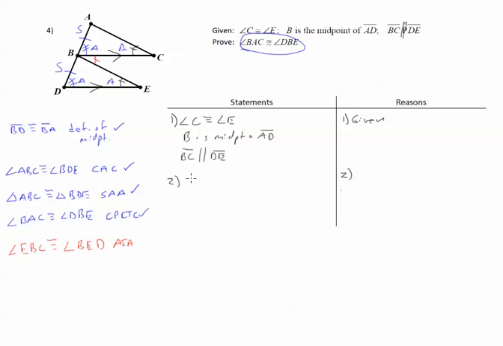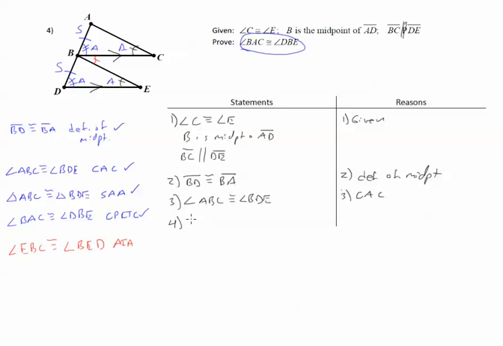So as I continue to write in my proof, now I know that segment BD is congruent to segment BA. I know that because of the definition of midpoint. I know that angle ABC is congruent to angle BDE because they are corresponding angles, and corresponding angles are congruent when the two lines the transversal cuts through are parallel, and in this case they are.